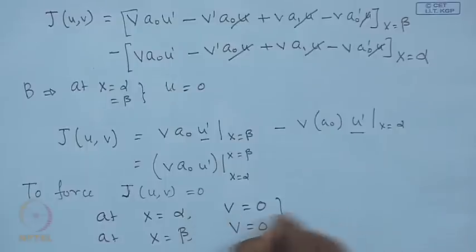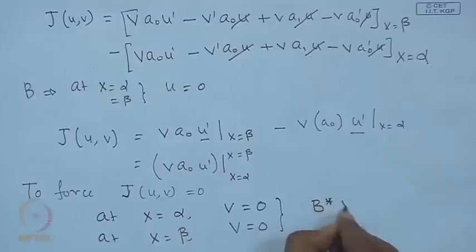These are the boundary conditions on the adjoint operator L star, and these are known as B star v is equal to 0. That means, even for the adjoint operator, the boundary conditions are the same Dirichlet and they are homogeneous as for the original problem.